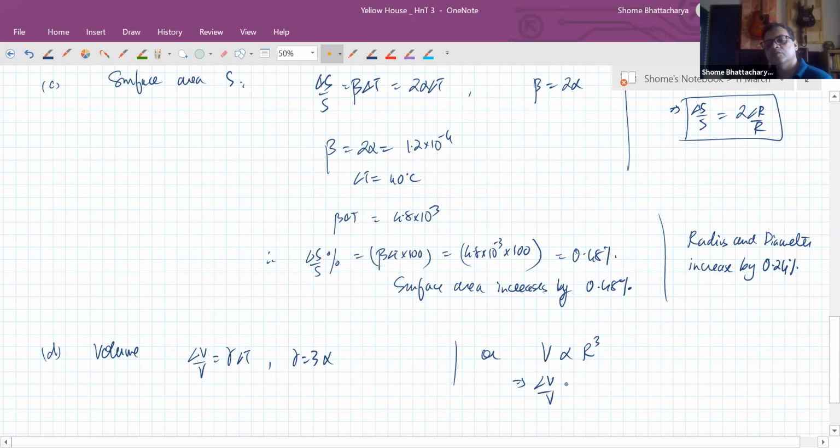Therefore, the fractional change in volume is 3 times the fractional change in radius, or the percentage change is 3 times. So it should be 0.72%.